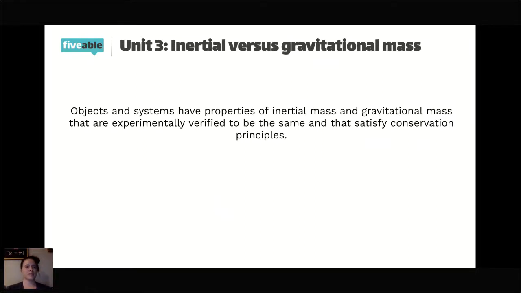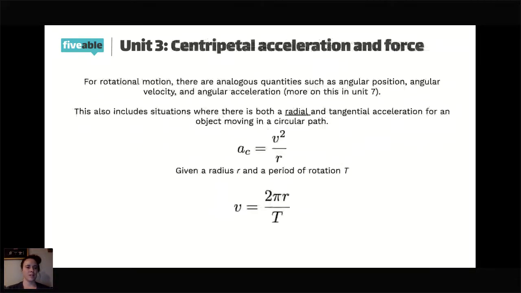Then we get into our centripetal acceleration and our force. For rotational motion, there are analog quantities such as angular position, angular velocity, and angular acceleration. We're going to talk more about that next week in Unit 7 because that's where we really drill down on circular motion. But this also includes situations where there's both a radial and tangential acceleration for an object moving in a circular path.